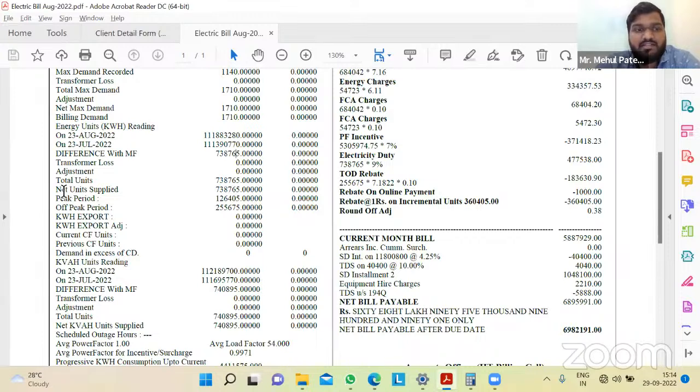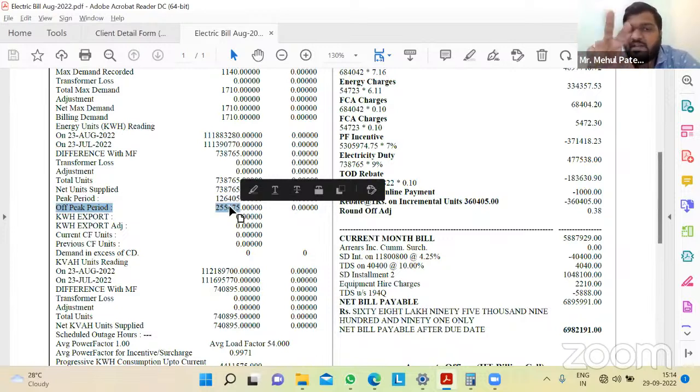Then the next thing is the peak period. So the peak period units is this much. The off peak period units is this much. This particular bill does not have that time breakup, the TOD breakup. Like I suggested, the slots will have these units mentioned.